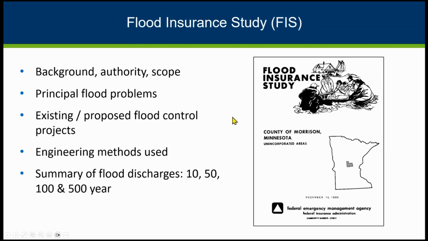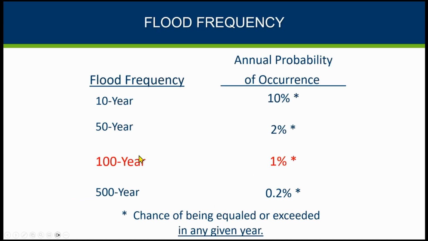The flood insurance study would give background, talk about the flooding problems, talk about the engineering methods they used, and for those bigger streams where they got more detailed modeling done, they would have the flood elevations for the 10, 50, 100, and 500-year floods. Those have been the main frequencies that FEMA would look at, although the 100-year is what we use for regulatory purposes.